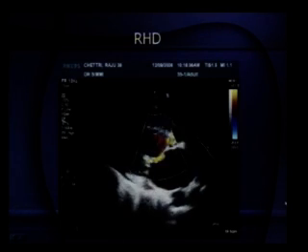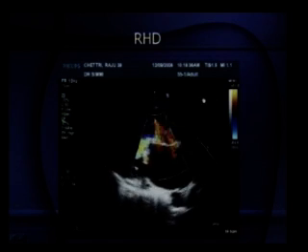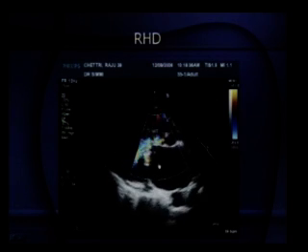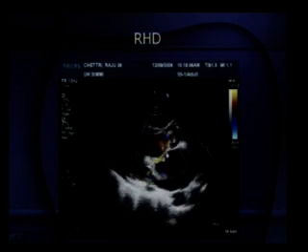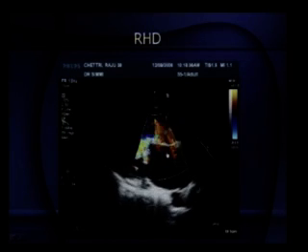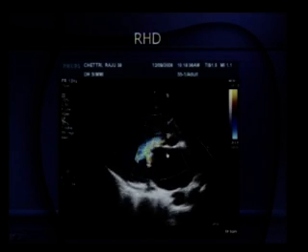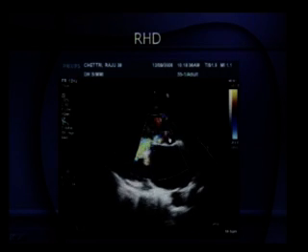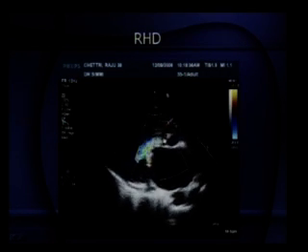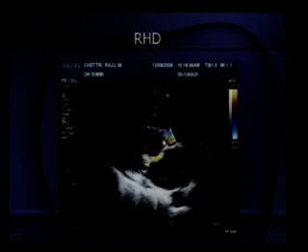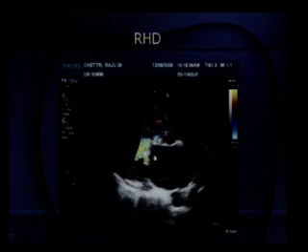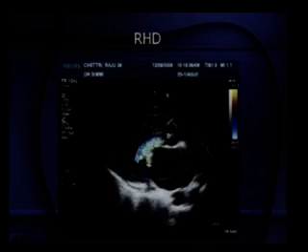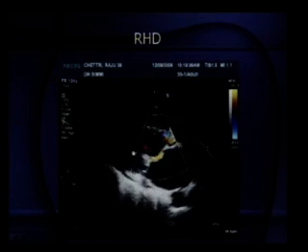For example, look at this patient, rheumatic heart disease. Indirectly or directly, you are also seeing thickening of the anterior mitral leaflet. This itself points out to you that this is a rheumatic etiology. Then the aortic valve is thickened. This is the classical parasternal long axis view, and you can see the aortic regurgitation jet impinging on the AML and going right up to the middle of the LV cavity.